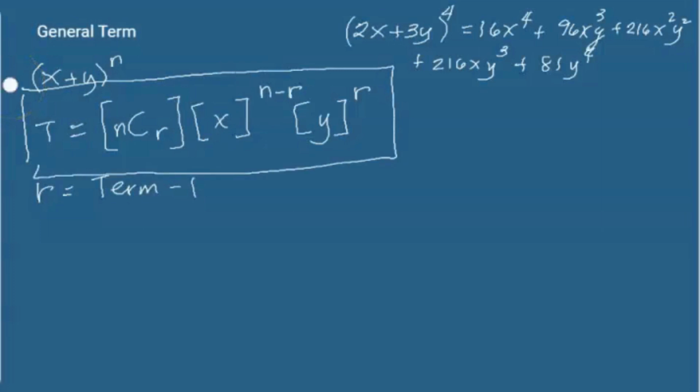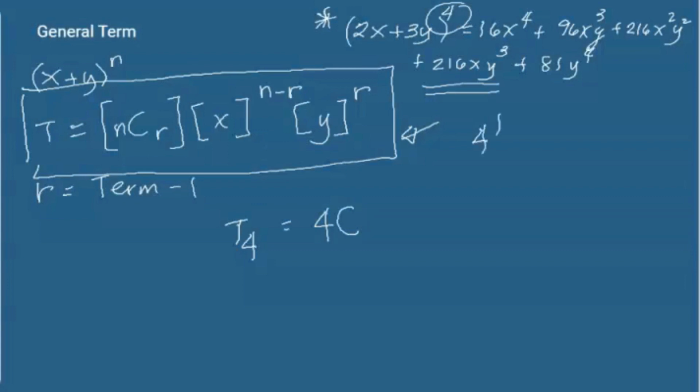So let's go back to our previous example. What if you're asked to find the fourth term, but without listing all the terms, we'll just use this general term. So we need the fourth term. Our n is 4. So it's 4 choose r.